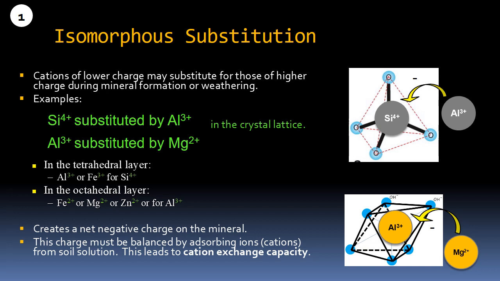So in case of the tetrahedral layer or tetrahedral sheets, you can have a replacement, where aluminum and iron can replace silicon. And in the octahedral sheet, where you have aluminum at the center, it can be replaced by something with the same size but lower charges like iron, like magnesium, or like zinc.